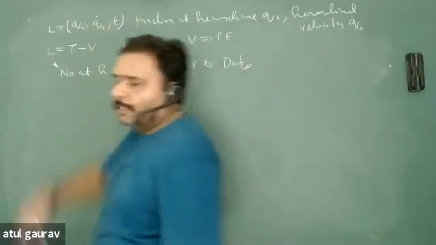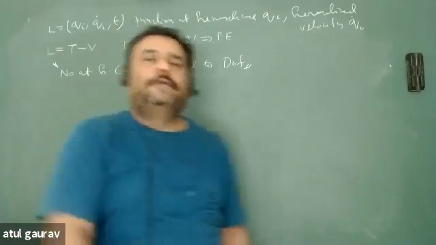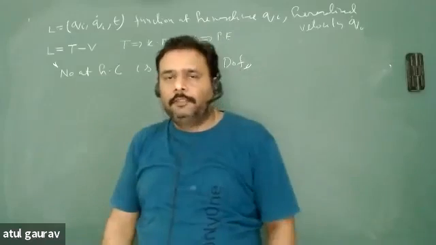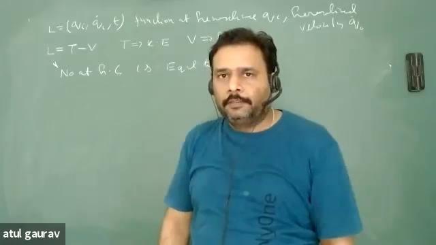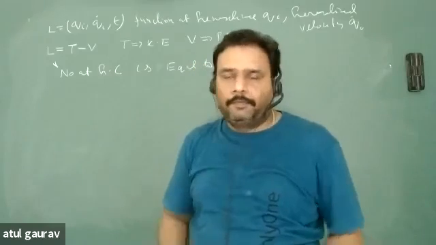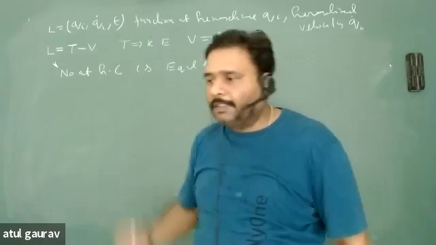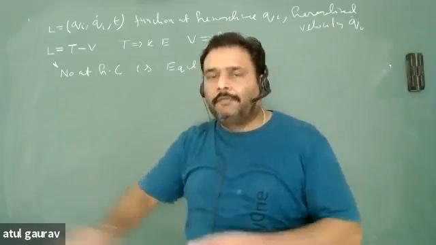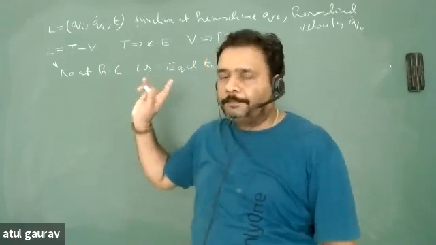So you have more than one generalized coordinate, and for every generalized coordinate we have one equation of motion. For qi, one equation of motion; for qj, another equation of motion. If you have n degrees of freedom, then you have n equations of motion. This is very interesting. So we will solve n independent differential equations to solve the system.